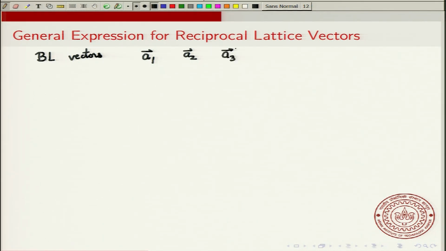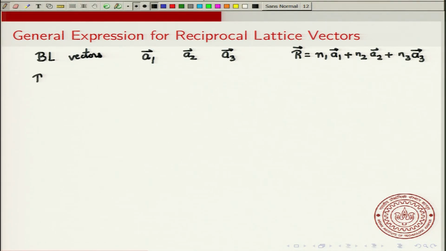Then any Bravais lattice vector R is a linear combination N1 A1 + N2 A2 + N3 A3. So, that is any Bravais lattice translation vector. This is where we start off, with A1, A2 and A3 as the primitive translation vectors for the Bravais lattice.